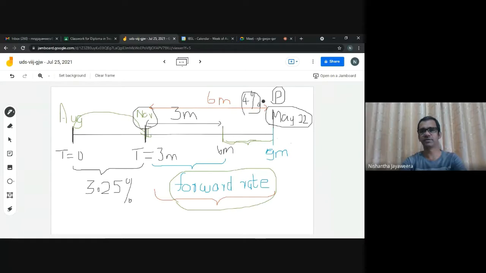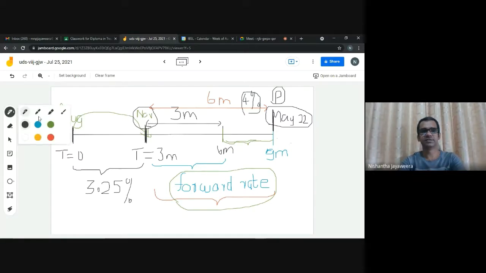You don't pay the whole interest amount on the maturity date. Instead, what it does, it calculates the difference between the actual interest rate applicable for this period, because once you move into this November, you know what is the actual interest rate prevailing at that time for the next 3 months period.